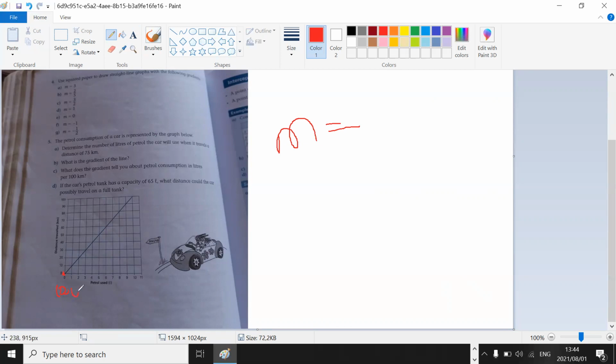Is 0. It's at the origin, right? Yes. So it starts when x and y are both equal to 0. And where does it end? So it ends when x is equal to what? 10. Equal to 10. And when y is equal to? 10. Yes.